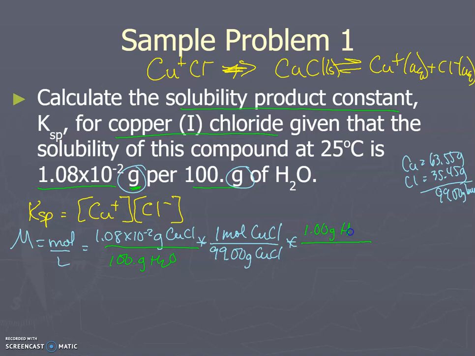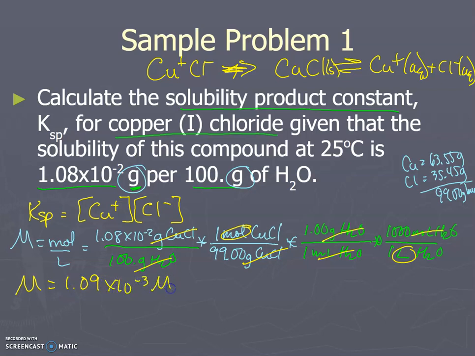So 1 gram of water is 1 milliliter of water, and I know I have 1,000 milliliters of water in 1 liter of water. So through the beauty of dimensional analysis, I get moles per liter. So my molarity is going to be 1.09 times 10 to the negative third molar.